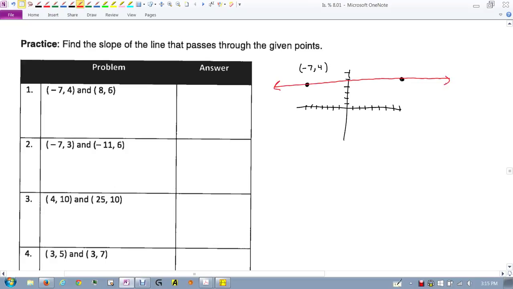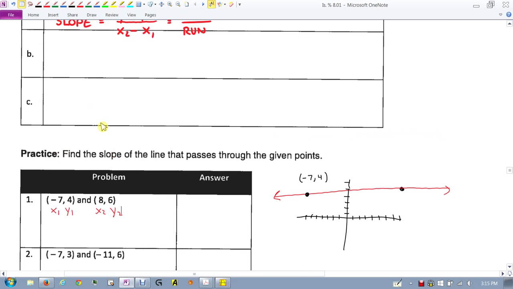We would like to know the measurement of that slope, the pitch. To do that, we just need to figure out how much change in y there is and divide it by how much change in x there is, or the rise over run. What I like to do is label x1, y1, x2, y2, that way I can go straight to the formula.